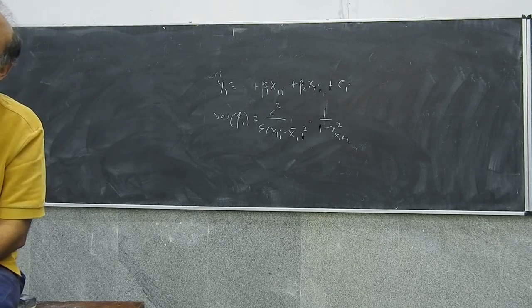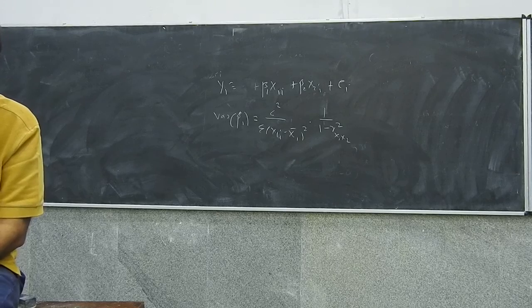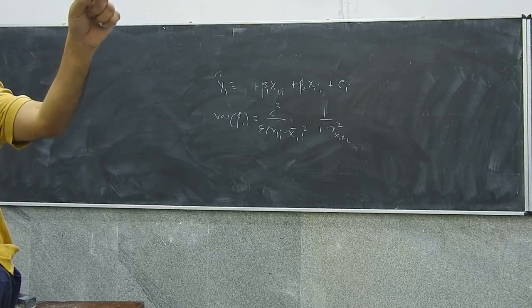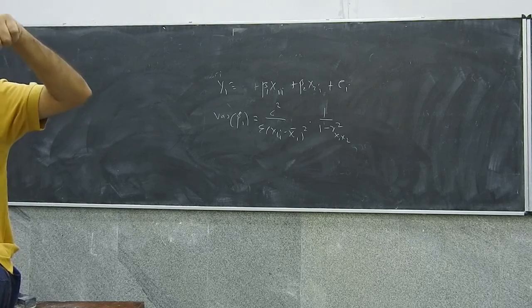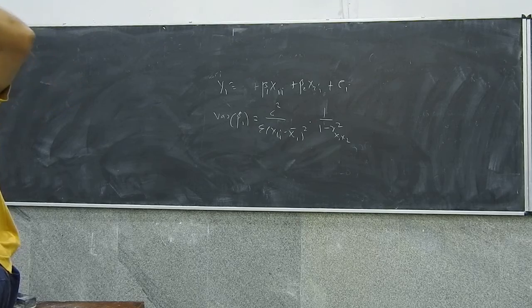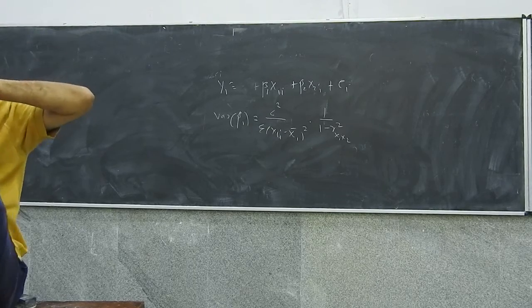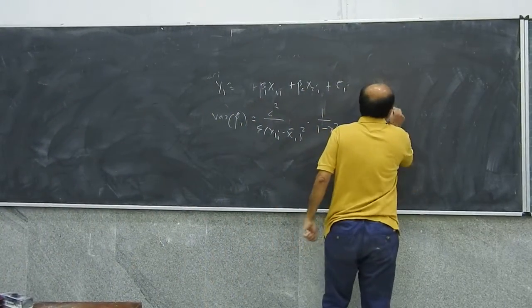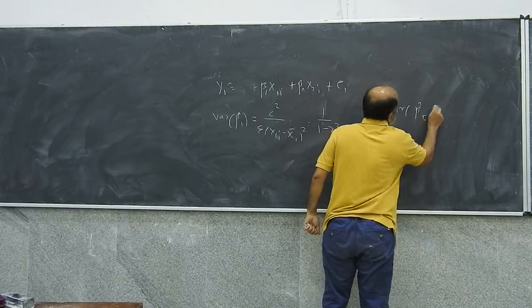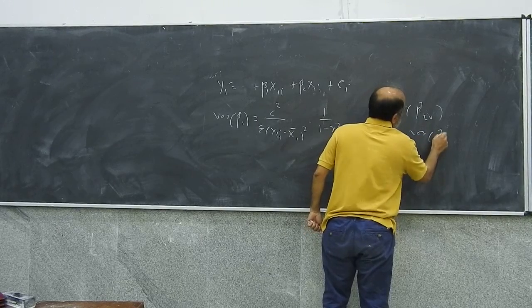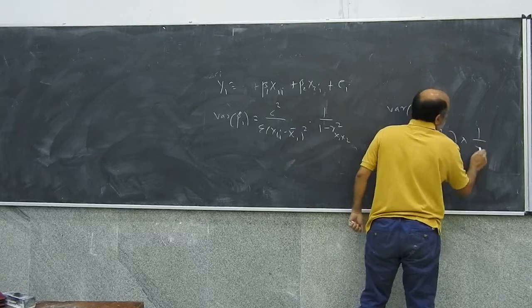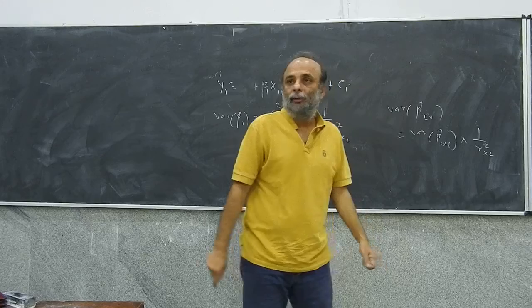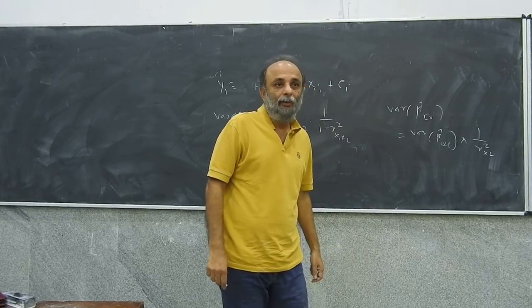So what do you think will be the variance of the IV estimator? Okay, let's get into this more complicated question now. Do you realize what he's saying? He's saying that we have an IV for x2 and this IV is not correlated with, right? Okay. So what's the variance of the IV? The variance of the IV, right?